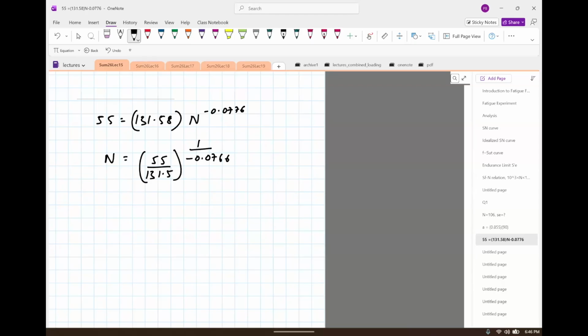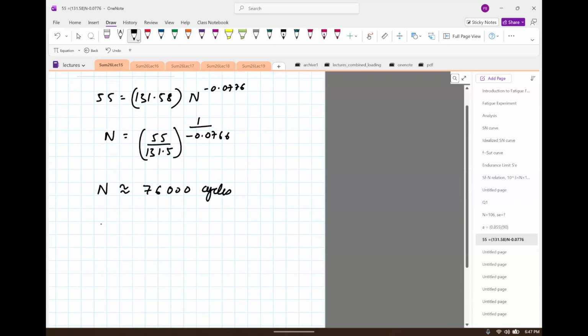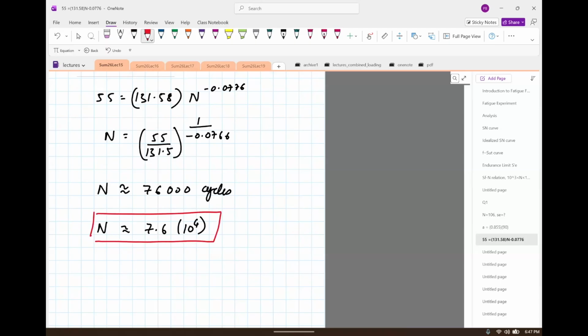So you just take the ratio. And if you calculate this value, you get 76,000 cycles. Or if you want to put a better number to it, let's call it 7.6 times 10 raised to 4 cycles. Okay, and what you notice is that this N does lie between 1,000 and 1,000,000.